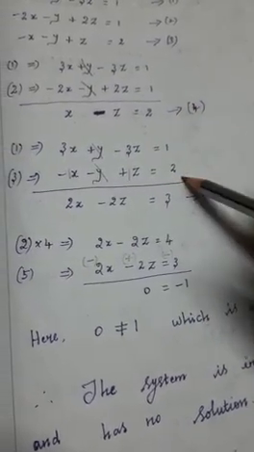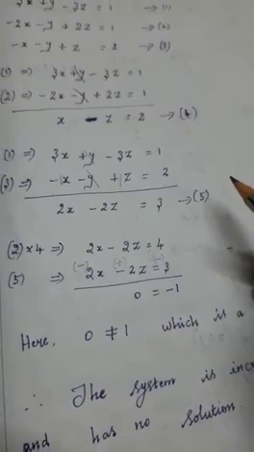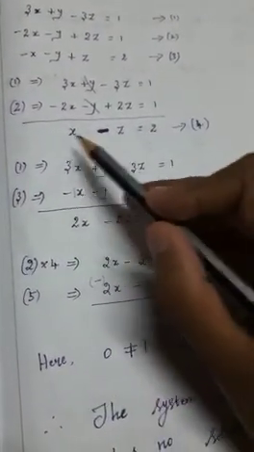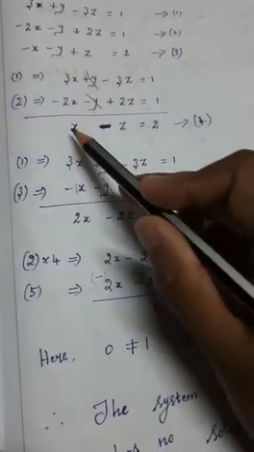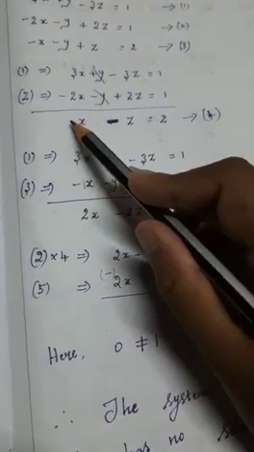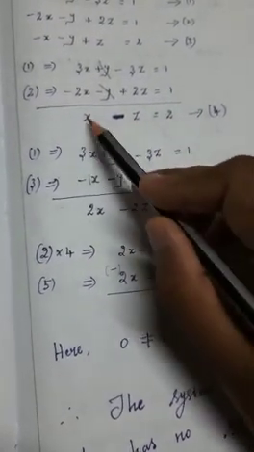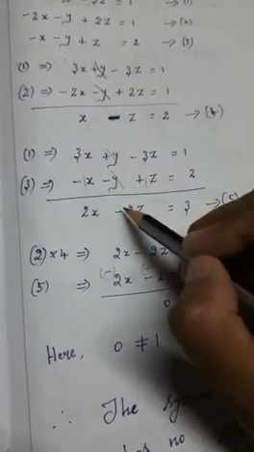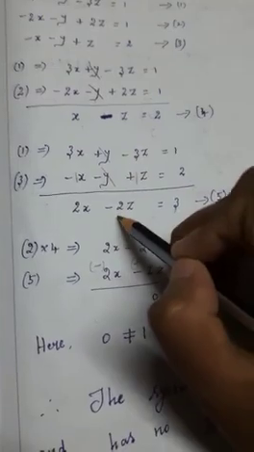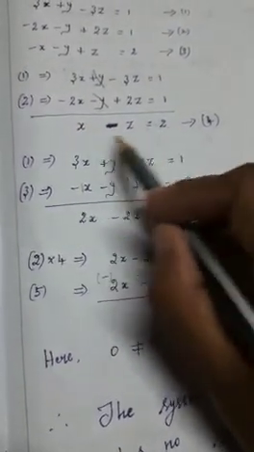consider these two equations. Now see which variable you can eliminate. If we eliminate the x variable, here we have 2x, so here also we need 2. So the full equation we need to multiply by 2. If you consider the z variable, here we have 2 and here also 2. So we need to multiply this full equation by 2.